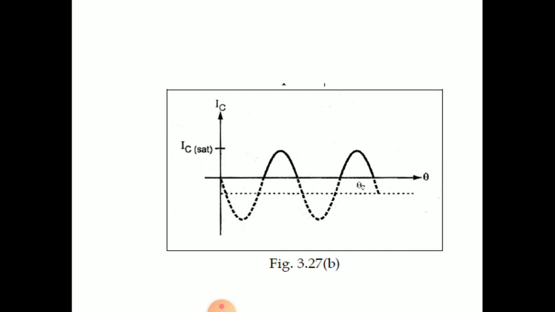These dotted parts are clipped off, removed because of the selection of the Q point below the x-axis. So the remaining portions we get at the output are less than 180 degrees, not even the complete half cycle itself. They look like pulses.